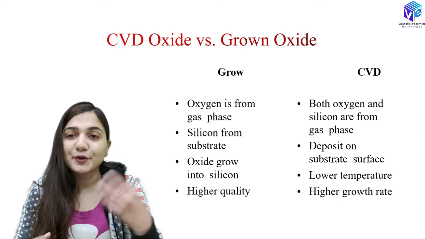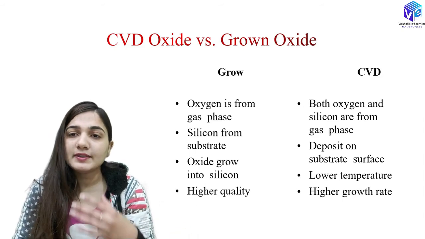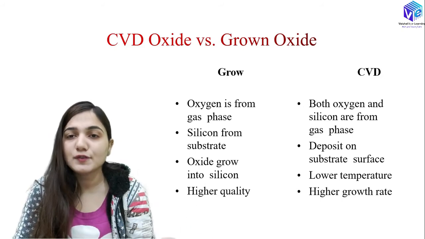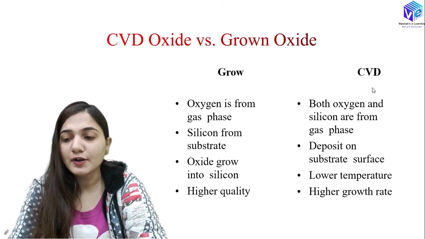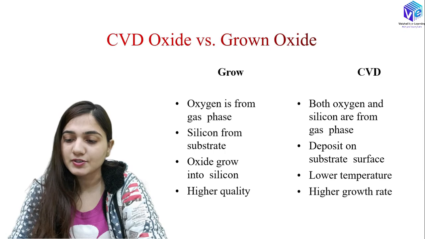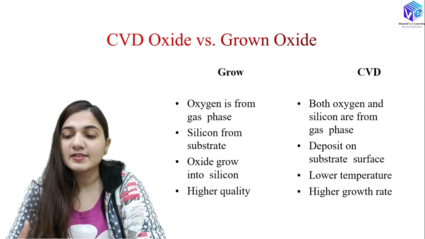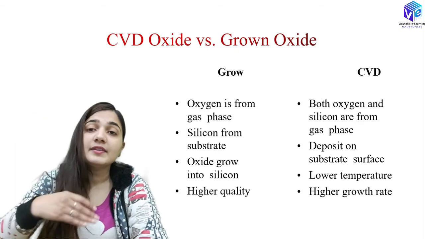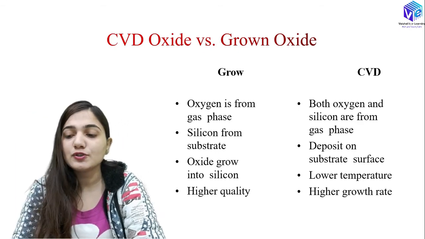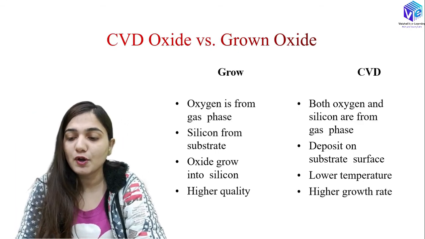But when I am growing oxide, the silicon is consumed from the substrate. In CVD, silicon is not consumed from the substrate. If I have bare silicon, the SiO2 layer is going to deposit on the substrate surface.